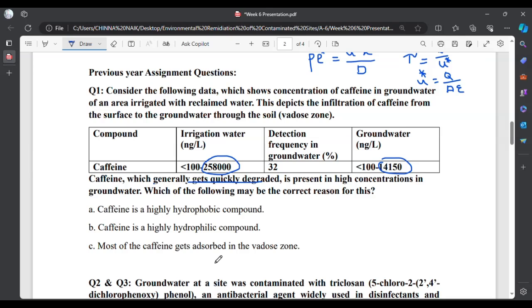We can conclude, by seeing the concentrations in groundwater and irrigation water and the conditions they mentioned, that the high concentration of caffeine present in groundwater, which gets quickly degraded, means that caffeine is a highly hydrophilic compound.